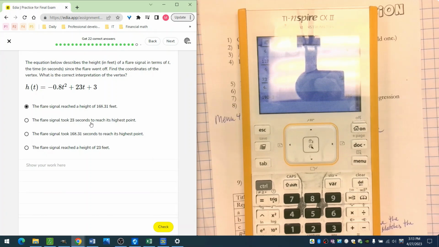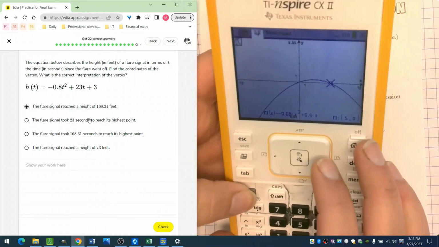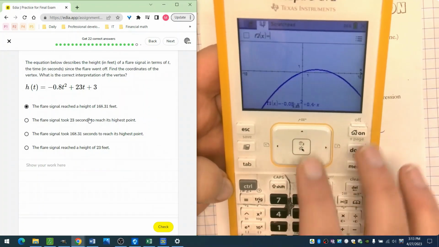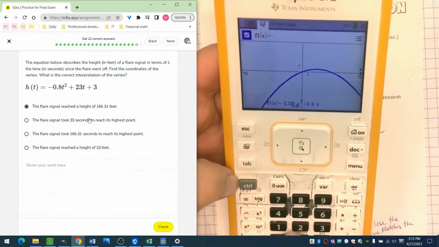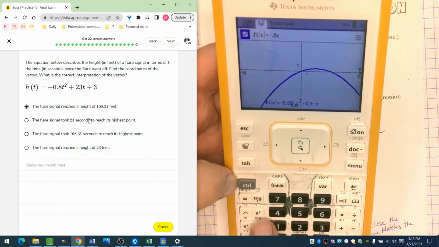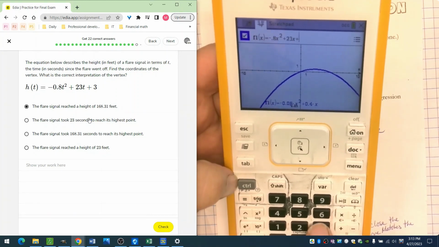This might be true. Both of these might be true. So what we're going to do is we're going to graph this and see which one makes sense. Okay, negative 0.8 x squared plus 23 x plus 3.